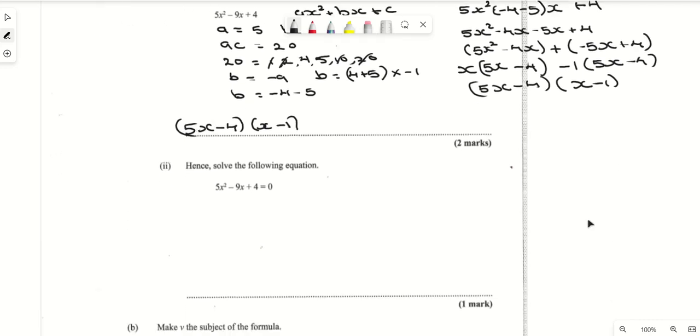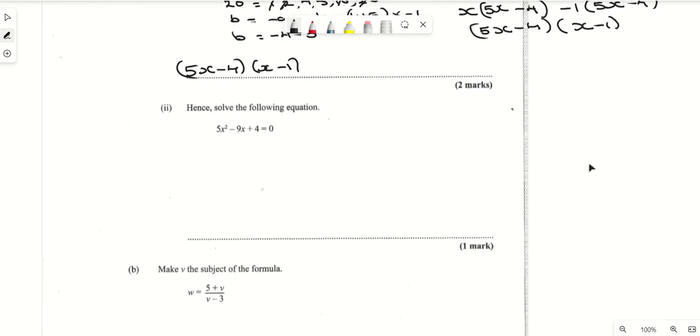Now there's A part 2. A part 2 says hence solve the following equation. When you see the word hence, that just means you have to use what you found from above to solve this question. Now we know that 5x squared minus 9x plus 4 is equal to 5x minus 4 by x minus 1.